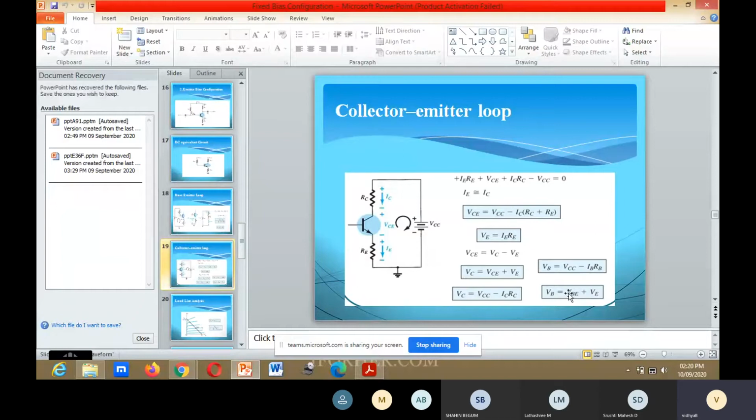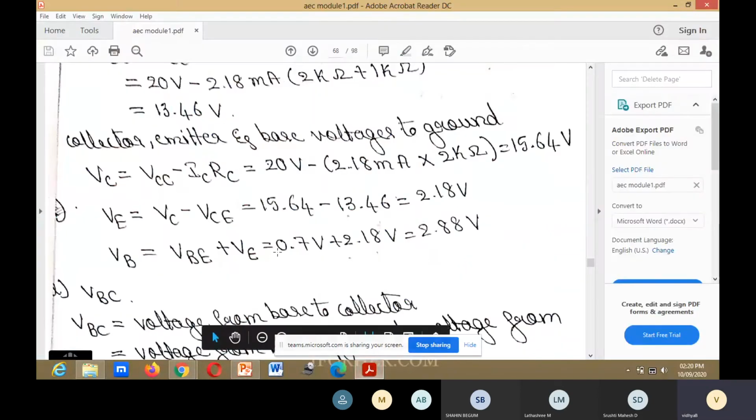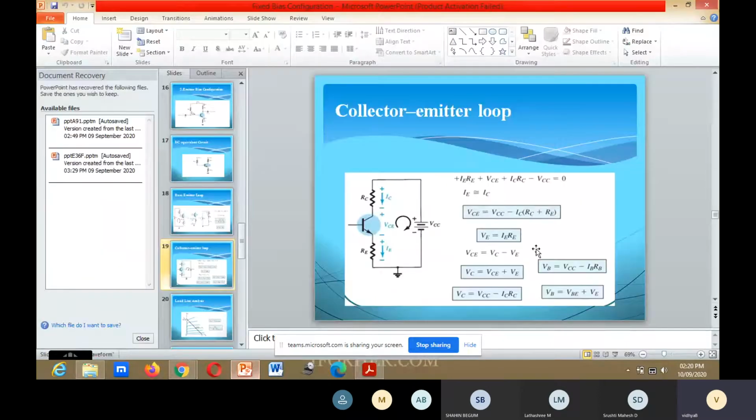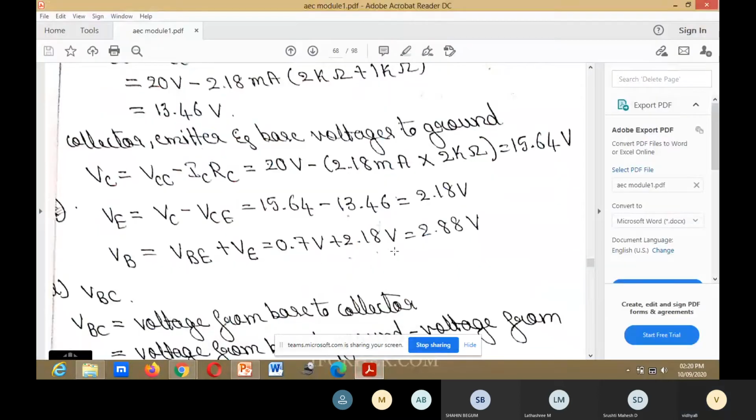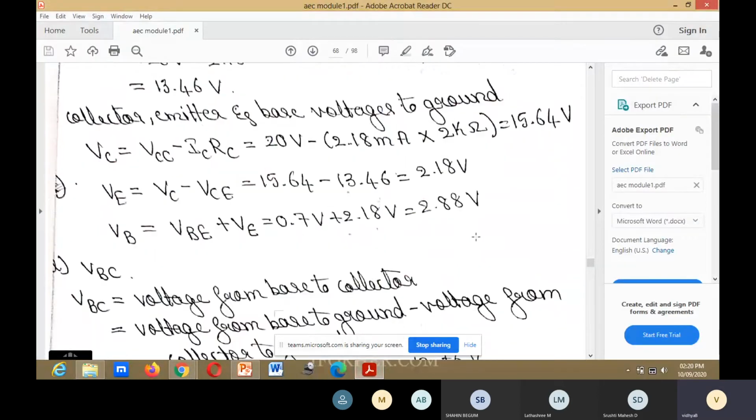Next, to find out VB is equal to VBE plus VE. To find out VB, we can also use VCC minus IB RB. There will be two formulas. After substituting values, you will get VE 2.18 volts. VB is equal to VBE plus VE, or alternately VCC minus IB RB. You will get 2.88 volts.